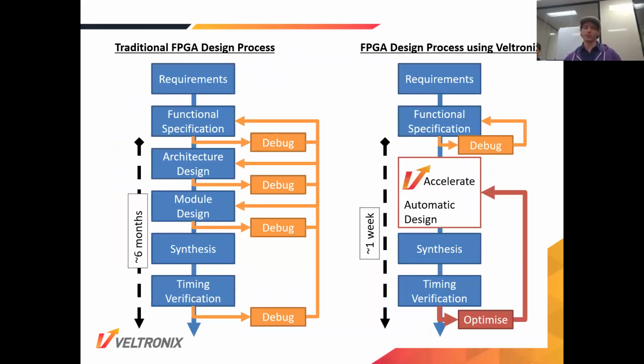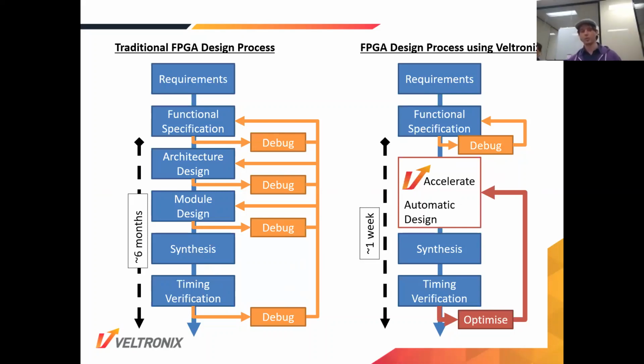So just showing a little bit of a comparison, when we're usually designing for an FPGA, most companies employ agile techniques these days that allow us to iteratively loop through processes and improve as we go, doing small debug loops. But this development typically can take up to 6 months, maybe even more.